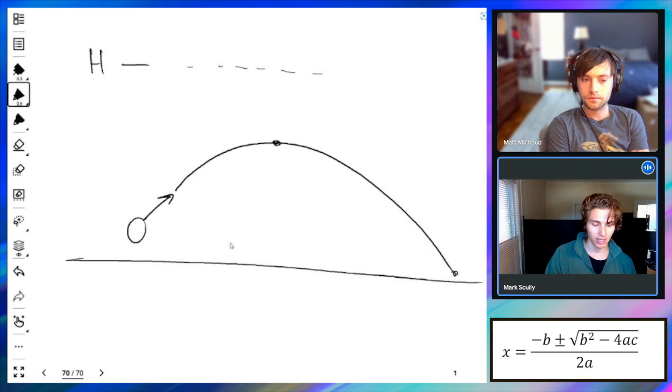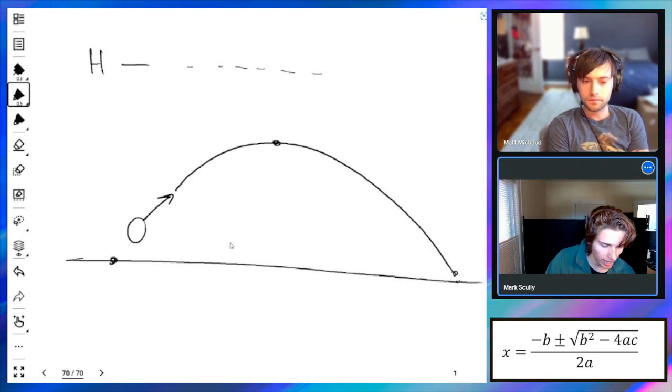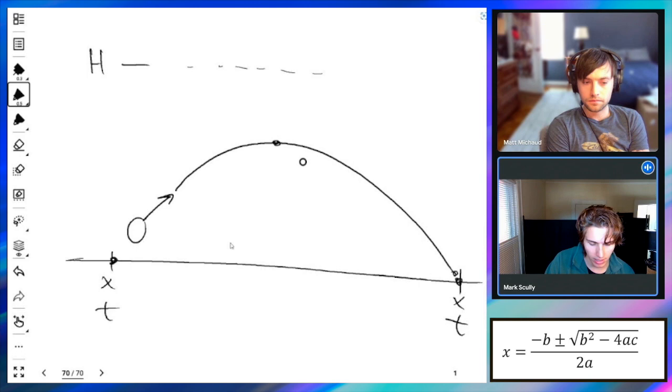So you can actually see this would have hit the ground at this point and this point. These can be represented by distances or by times. However, at no distance and at no time will it ever reach this height based off of this parabola.